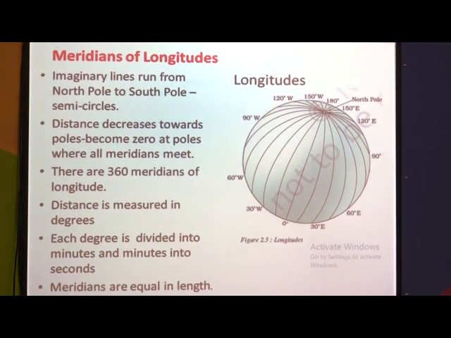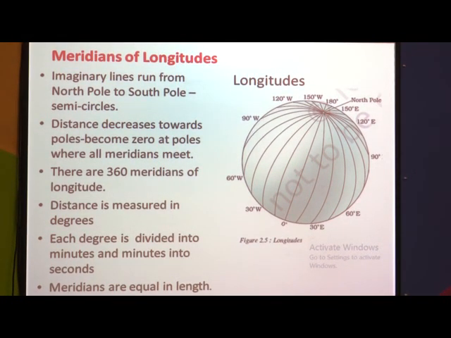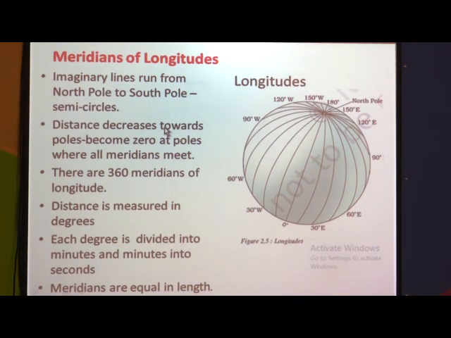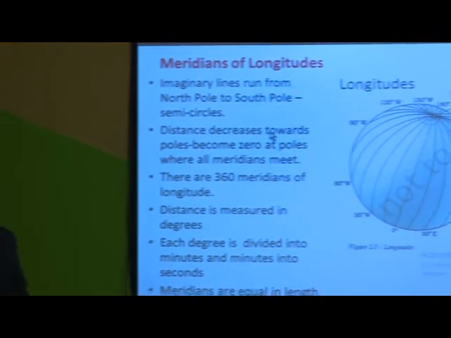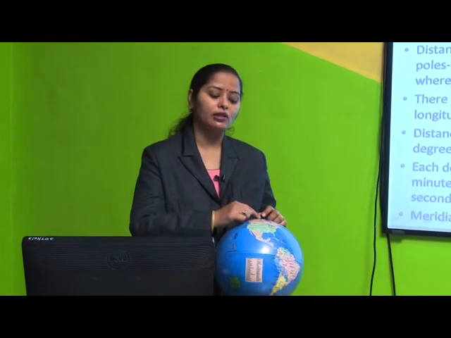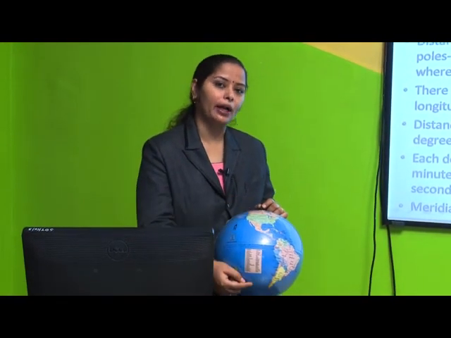So again we will come back to our concept, children. Meridians of longitude: on the eastern side there are 180 degree longitudes, and again on the western side there are 180 degree longitudes. And children, this center line you can see is called the prime meridian.